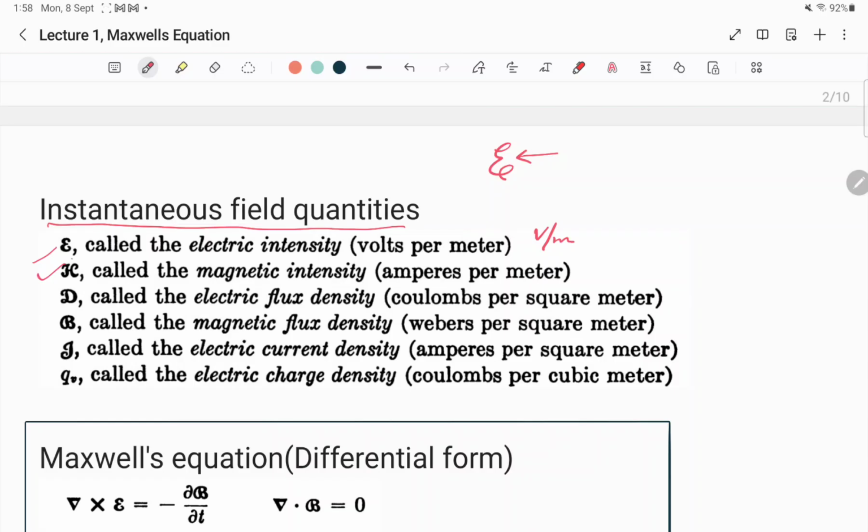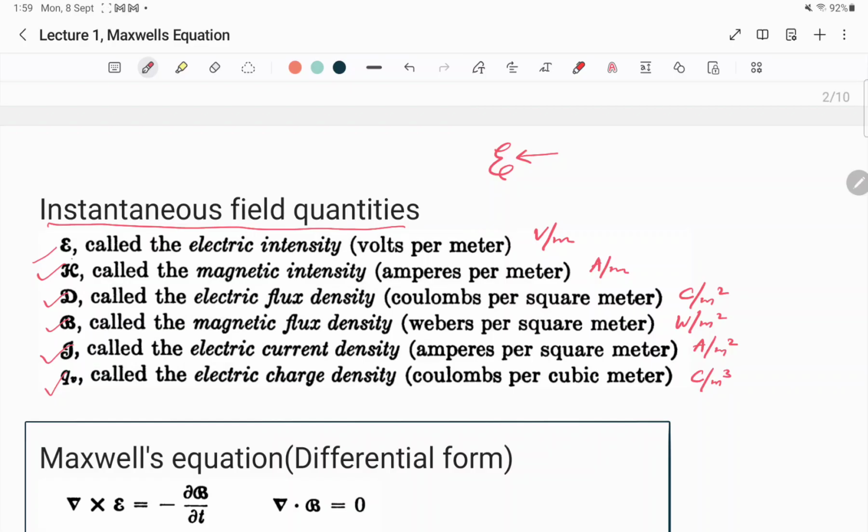H is magnetic field intensity, its unit is ampere per meter. D is electric flux density, its unit is coulomb per meter square. B is magnetic flux density, its unit is Weber per meter square. J is electric current density, its unit is ampere per meter square. QV is electric charge density and its unit is coulomb per meter cube.